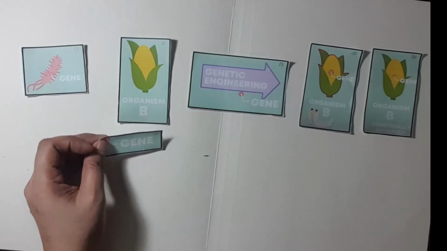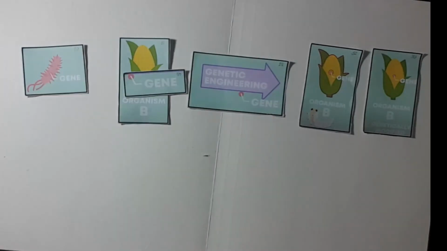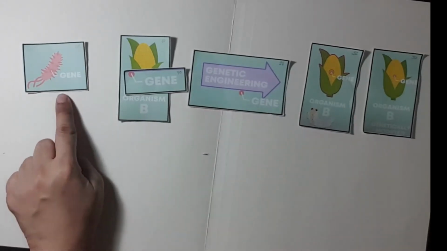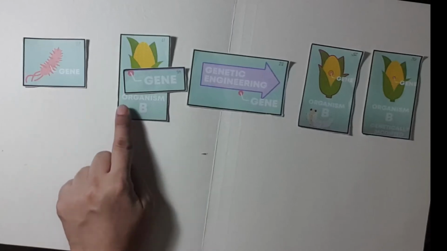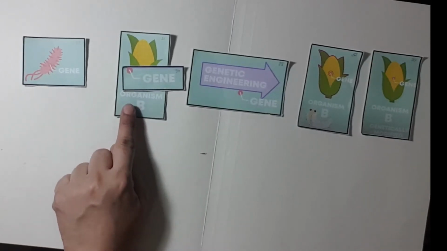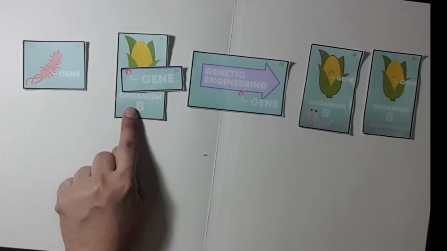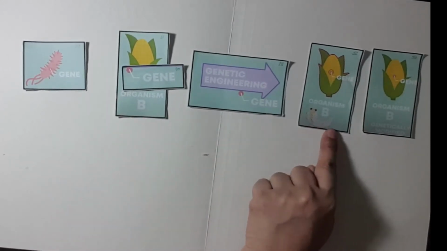Organisms like B are called genetically modified or transgenic organisms. For example, a gene that manufactures a toxic chemical in a bacterium can be introduced into a maize plant to make the plant toxic to certain insects that would eat it, such as caterpillars.